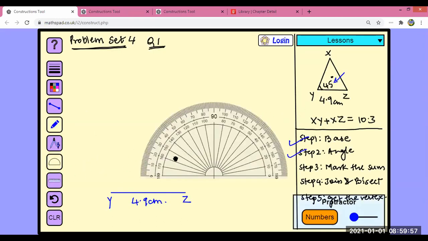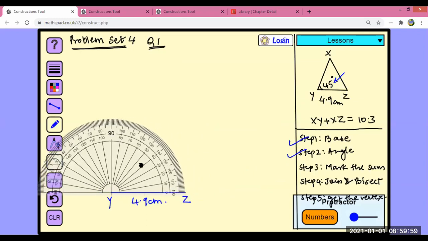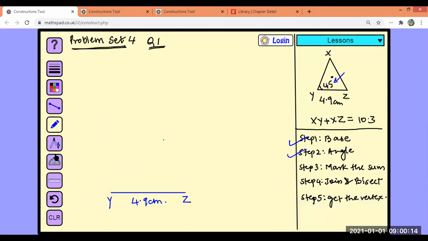So using the protractor, we place it on the end Y and mark 45 degrees, which is over here. Mark 45 degrees and then you join this point Y to that point and extend like that.